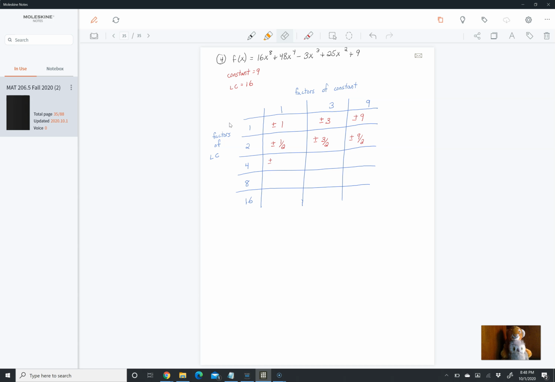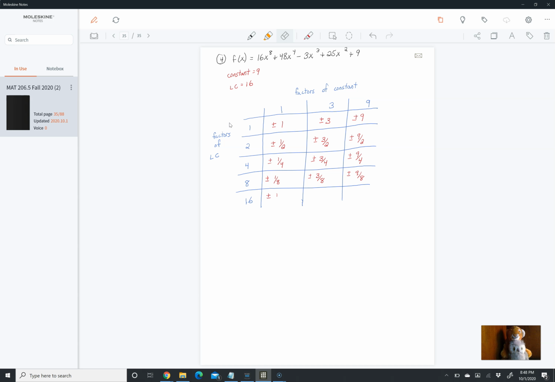Then we have plus or minus 1/4, plus or minus 3/4, plus or minus 9/4. Still no repetition. Plus or minus 1 over 8, plus or minus 3 over 8, plus or minus 9 over 8. Unfortunately, still no repetition.